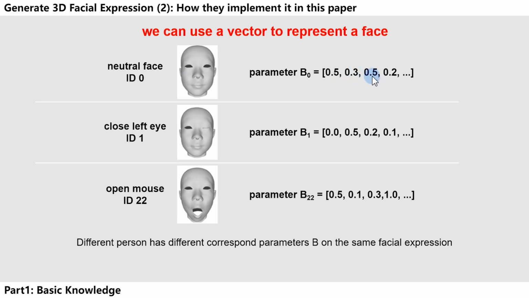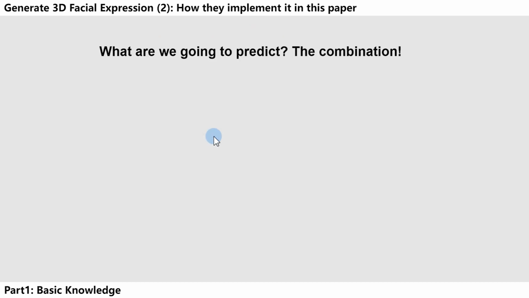Of course, we all have different faces, so those parameter b are also different. But in this research, the parameter b are fixed, so they just give you a fixed face for these 47 expressions.